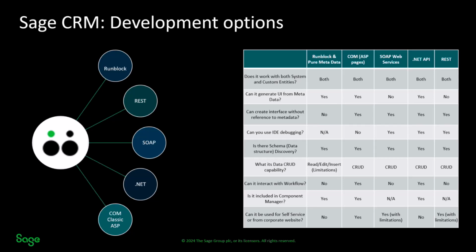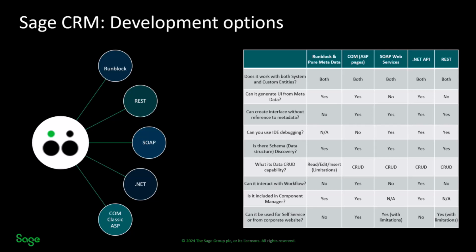It's completely separate from CRM's metadata structure, so it's not included in the scope of component managers. You're coding outside of CRM using the APIs to call in, but it can be used for novel behavior, including creating an application in the context of a corporate website to make calls back into CRM.